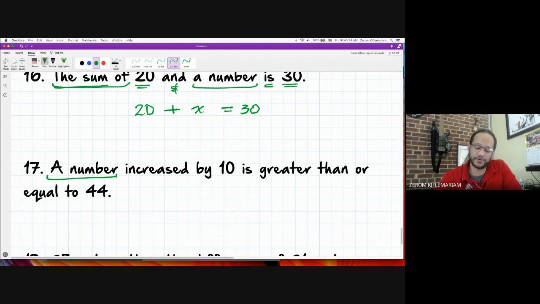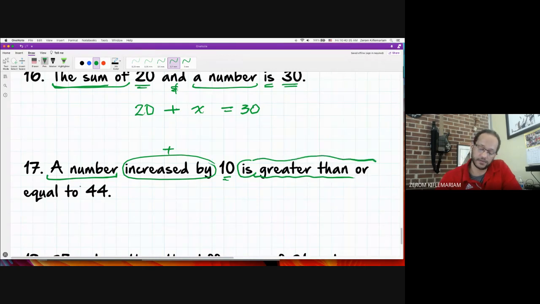A number increased by 10 is greater than or equal to. So it would be an unknown number increased by 10 greater than or equal to 44.